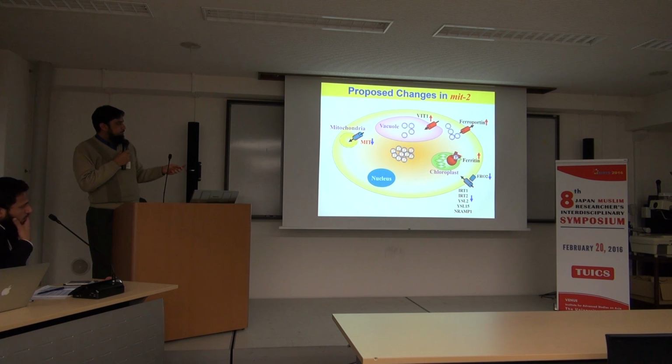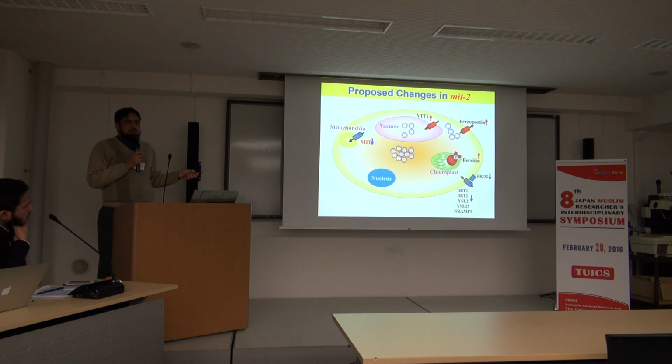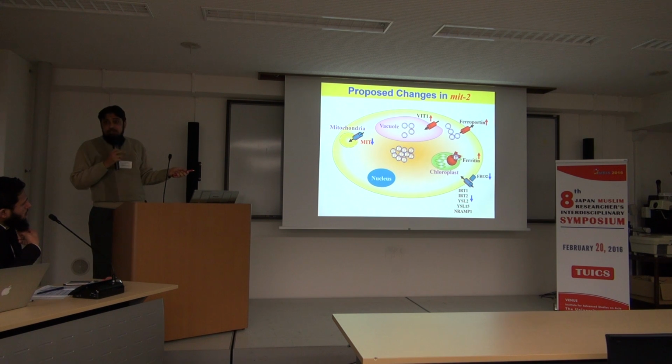If plants cannot transport iron, this is the protein name, to mitochondria, plants actually die. So there's no question, it's so essential. But even if this activity is slightly reduced, in this case 30% activity reduced, they still have 70% of the original activity, but it still shows a very significant phenotype.